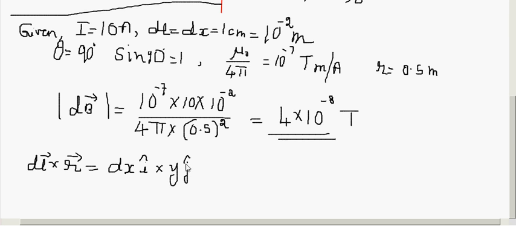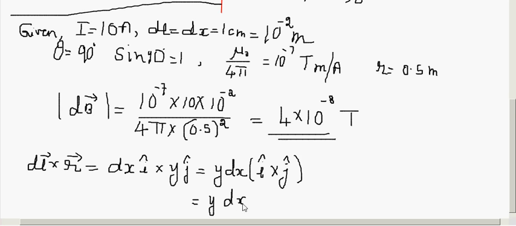Therefore it is equal to y dx, i cross j, and we know i cross j is k, the unit vector along z. So it is y dx into k.